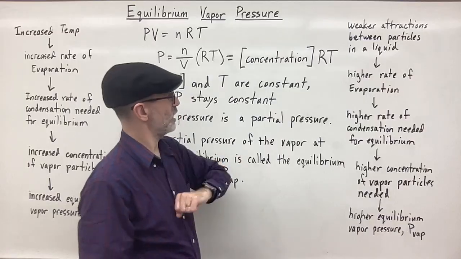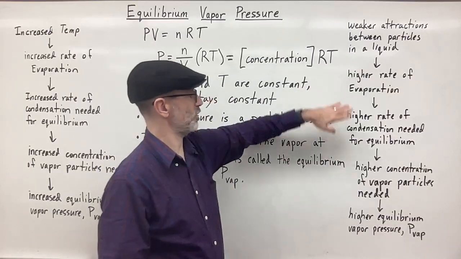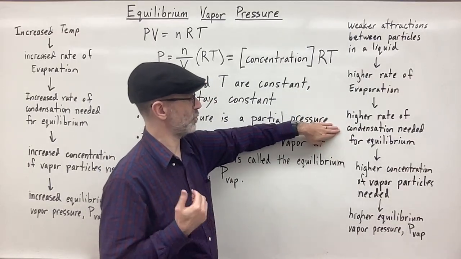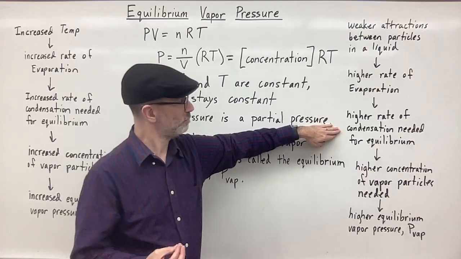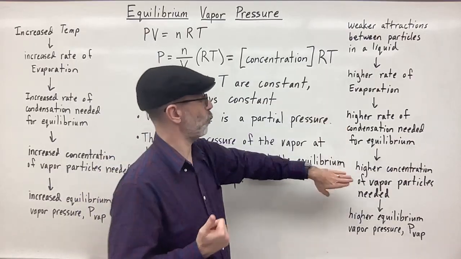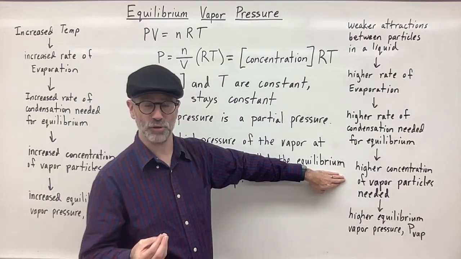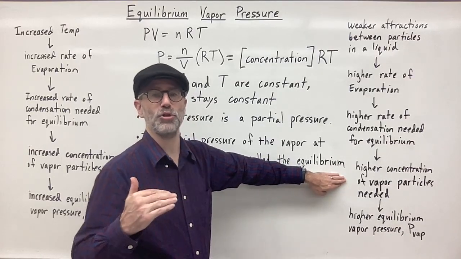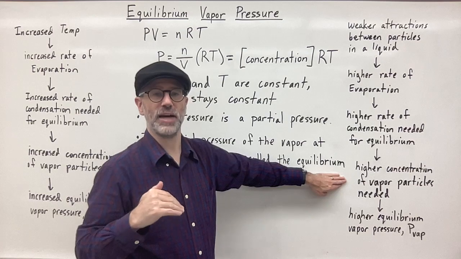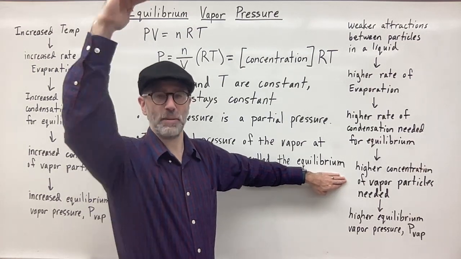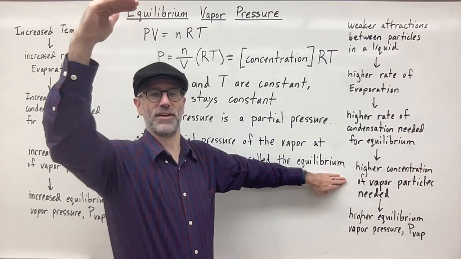So that makes sense. Which also means that you're going to need a higher concentration of the vapor particles. In order to increase the rate of condensation, you need more vapor particles in the vapor phase.